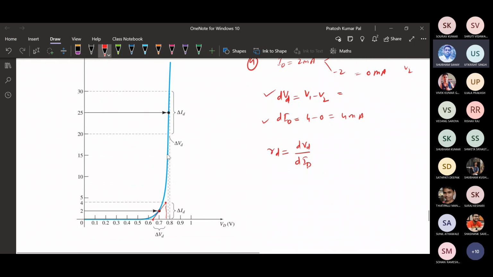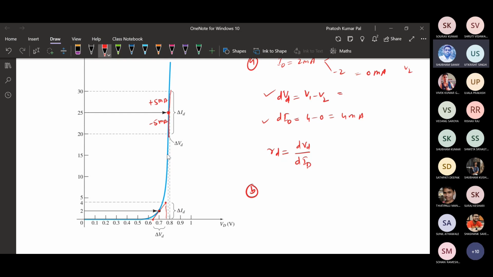Similarly, in the second case at 25 milliampere current, we will be drawing a tangent. Once we have drawn the tangent, suppose we take plus 5 milliampere and minus 5 milliampere.